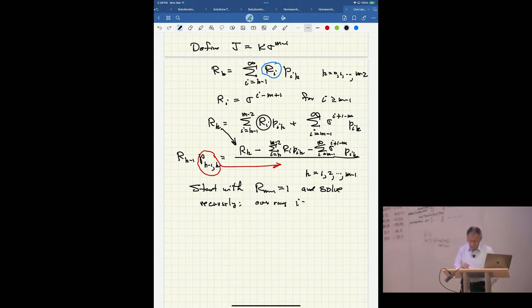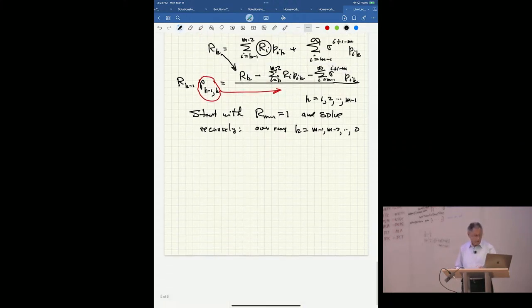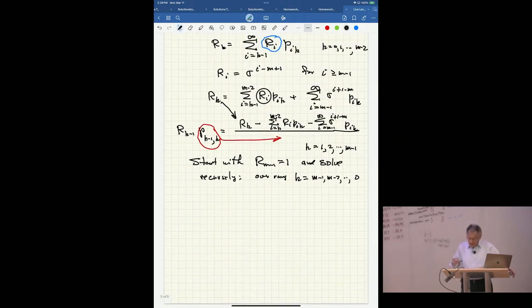It starts with m minus 1, m minus 2, down to 0. And that's how you solve for the r's. It's a recursive process, but in principle, we can get it.